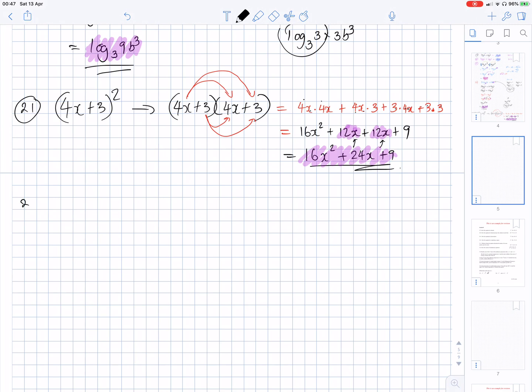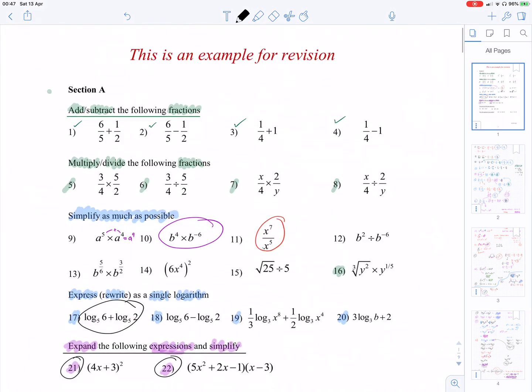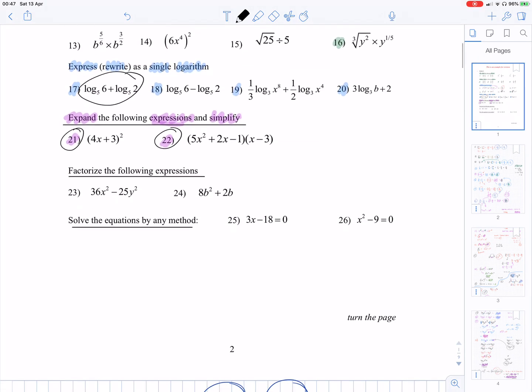So let's look at 22 then. 22 is here. 22 says 5x squared plus 2x minus 1 brackets x take away 3.